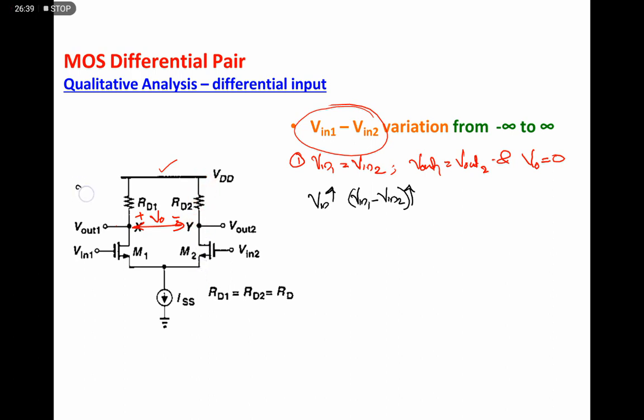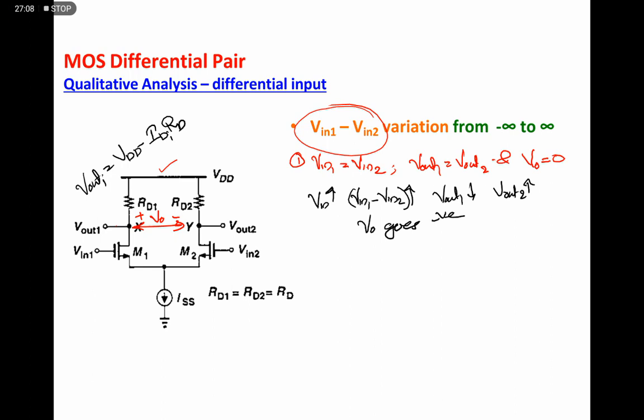Our output we defined as VDD minus ID RD for each stage. When Vin increases, ID1 increases, so the output decreases. So Vout1 decreases and Vout2 increases. V0 goes to a negative value.